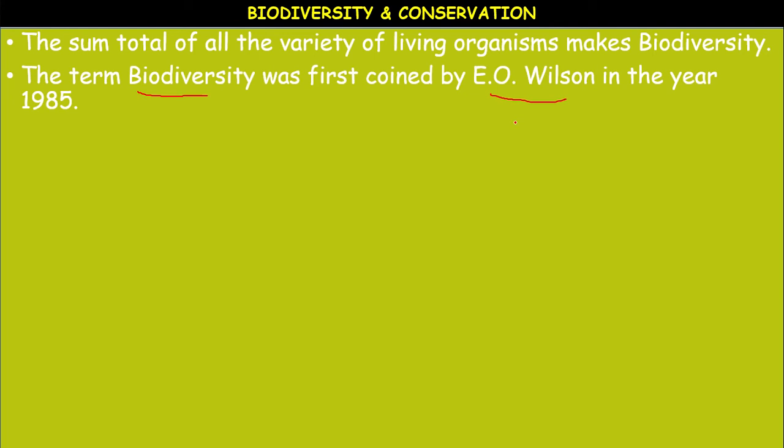E.O. Wilson. Okay, the term biodiversity was popularized by a sociobiologist. What is E.O. means? Edward Osborne Wilson, to describe the combined diversity at all the levels of biological organization in the year 1985.